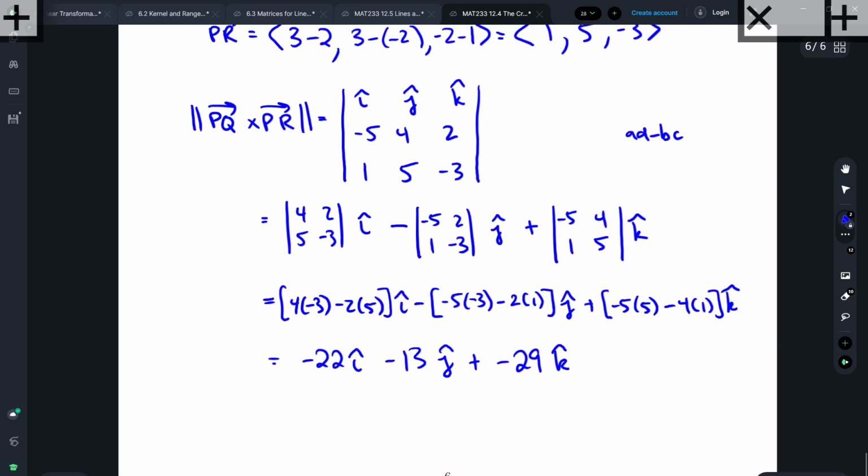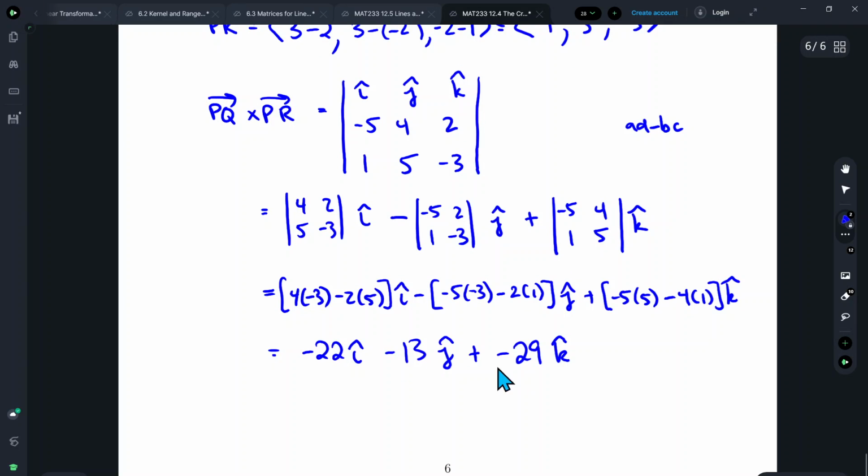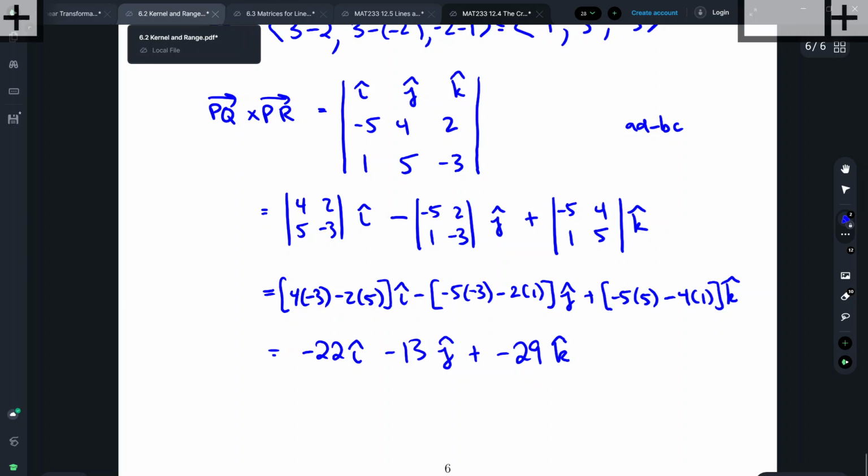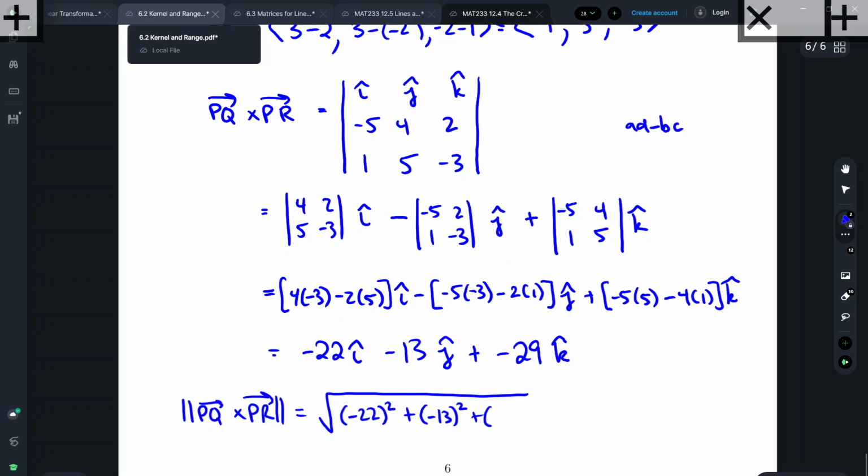This is the cross product, not the magnitude yet. So now I need the magnitude of this. The magnitude of PQ cross PR is the square root of negative 22 squared plus negative 13 squared plus negative 29 squared.